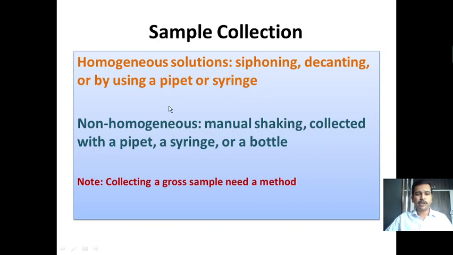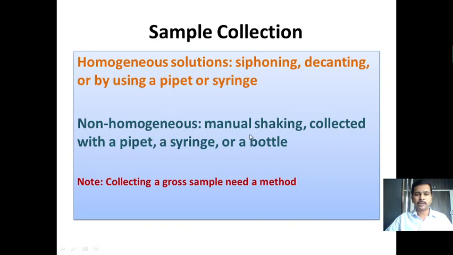Some samples will be non-homogeneous. As I told you, some suspensions obtained from medical stores, or synthesized in the pharmaceutical industry, have to be sampled and subjected to analysis. They are non-homogeneous in nature.